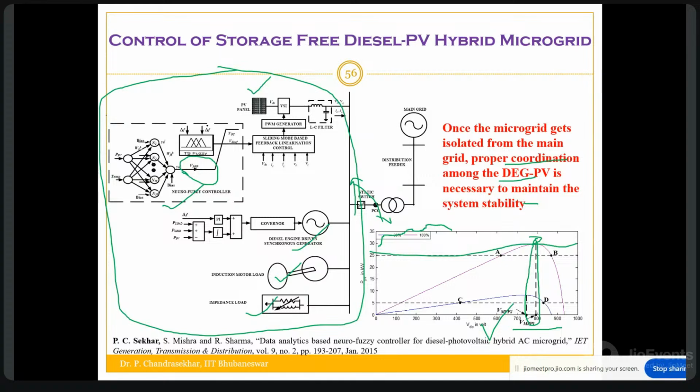So we have different tools, and we should know what tool we should use for the given problem, and we have to have a coordination among these tools such that we should be able to control different units, let it be generators or the loads in the microgrid, such that we can achieve the system stability.